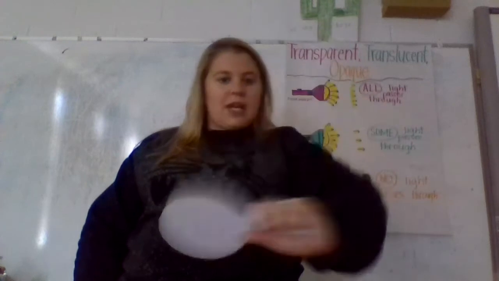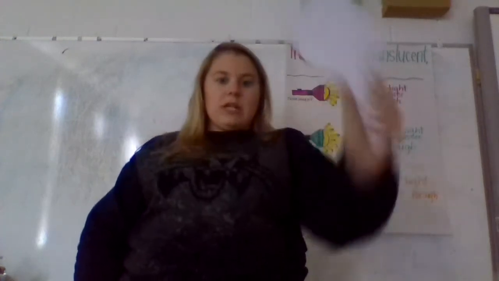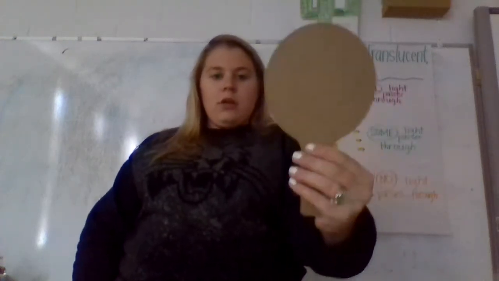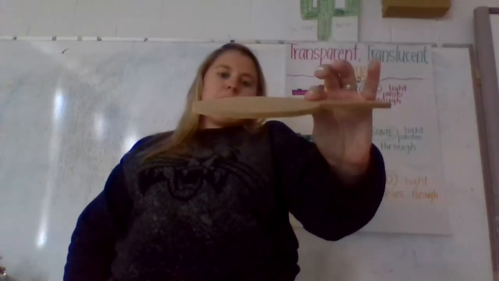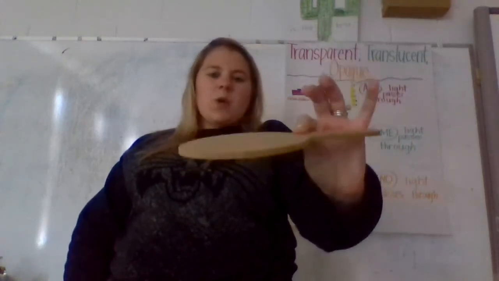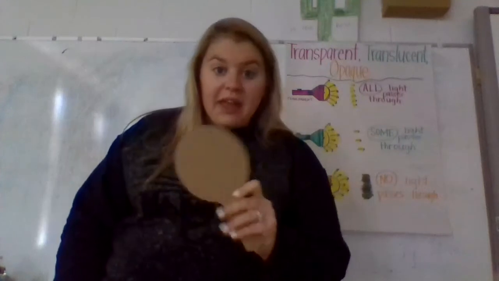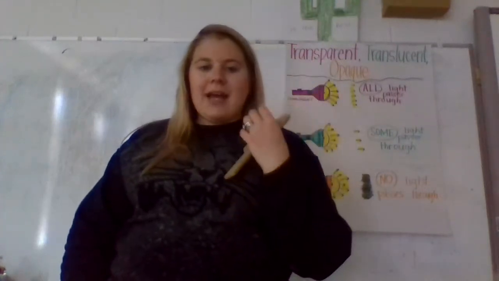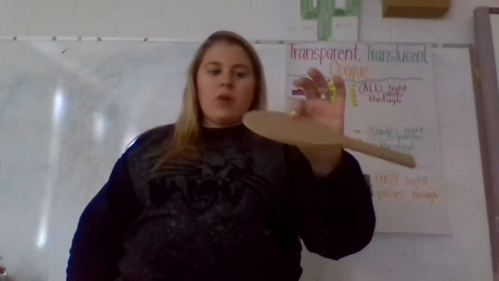Now it's a whiteboard on one side, so like if you were in class, you could write your answer down and hold it up. It's a whiteboard paddle. It's about a quarter to a half an inch thick. It's not real thick, and it's a pressed wood. It's not real wood. So I've got my flashlight and I've got my paddle.